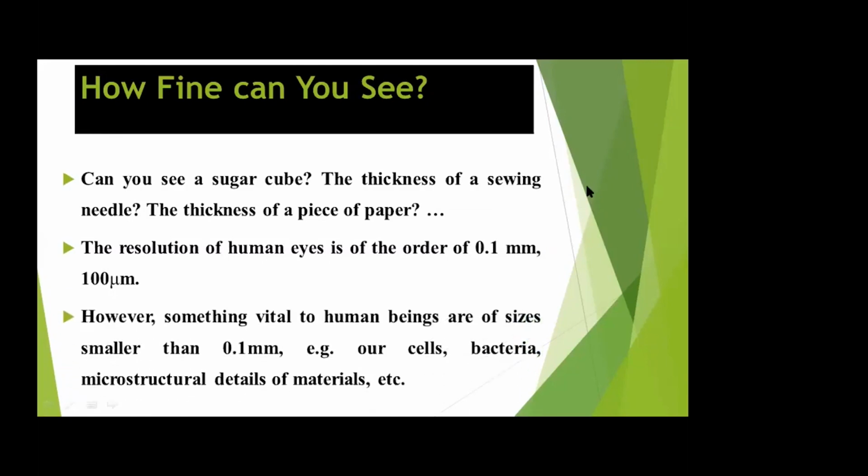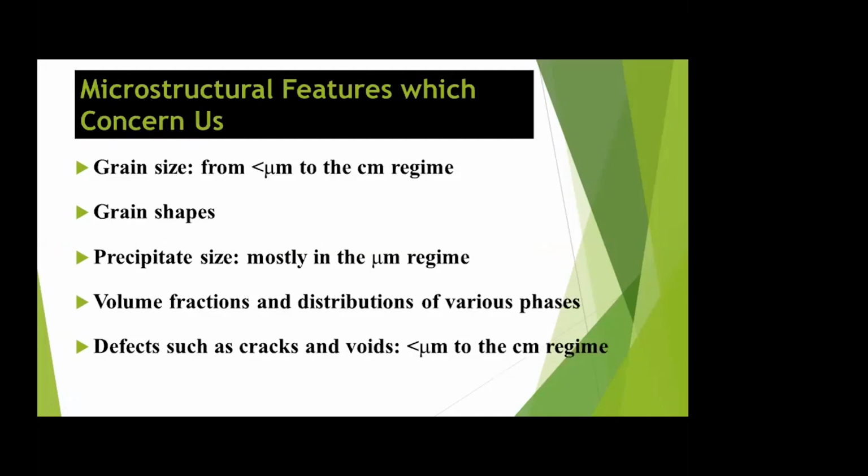However, things vital to human beings are of sizes smaller than 0.1 mm, like our cells, bacteria, microstructural details of the materials, etc. Microstructural features that concern us are the grain size, which is submicron, grain shapes, precipitate sizes, again submicron, volume fractions and distributions of various phases, and defects like cracks and voids, which are again submicron.